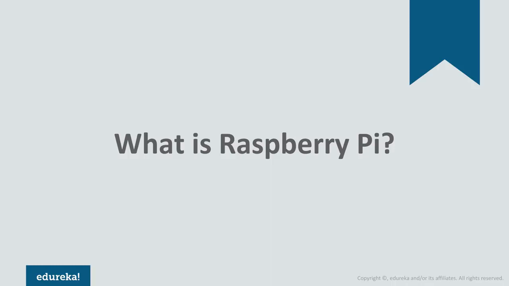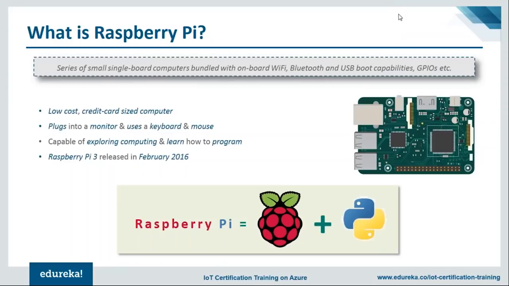Now moving forward, what exactly is Raspberry Pi? This is one of the questions most of you would have in mind, because you might have heard about Raspberry Pi but might still not have clarity. So let me help you clarify that right away. As per the definition, Raspberry Pi is a series of small single board computers which have additional features such as Bluetooth, Wi-Fi, USB capabilities, general input output ports and so forth.